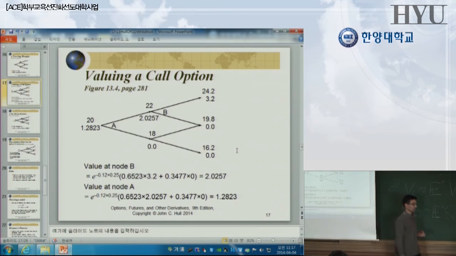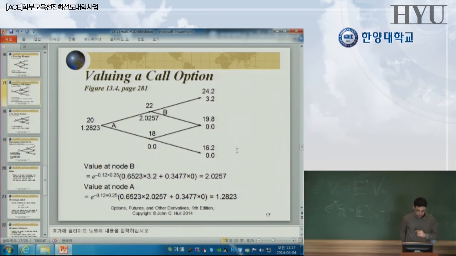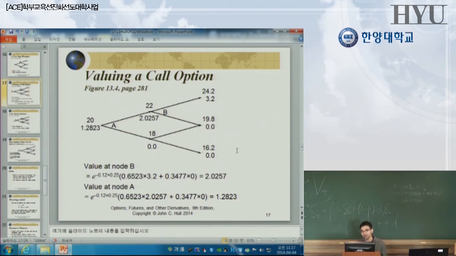We simply repeat what we learned the previous day. So in this big tree, we divide the tree into 3 parts: this part, and this part, and this part. Let's start from this part. We apply risk neutral valuation. Now it is time to go into the hypothetical world.